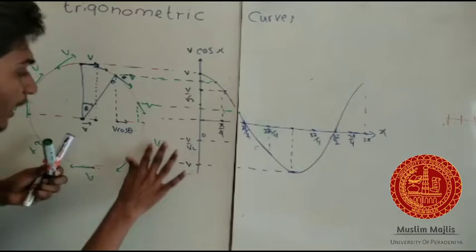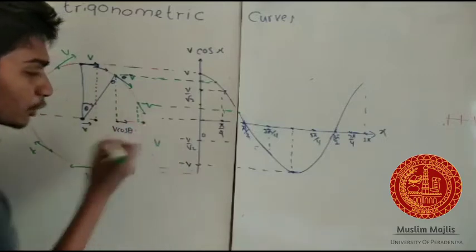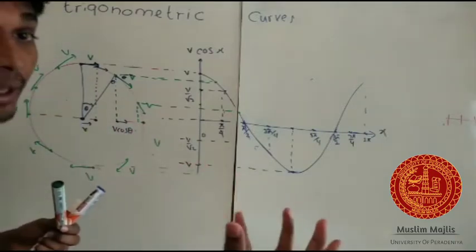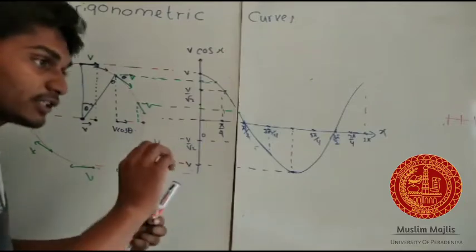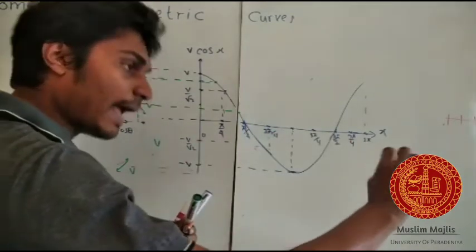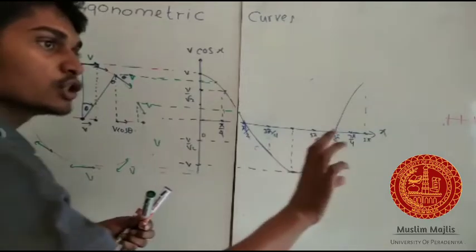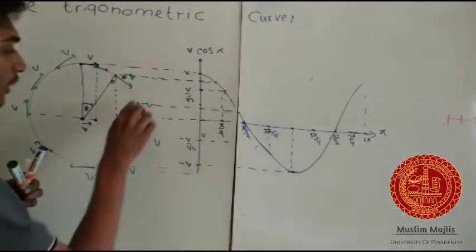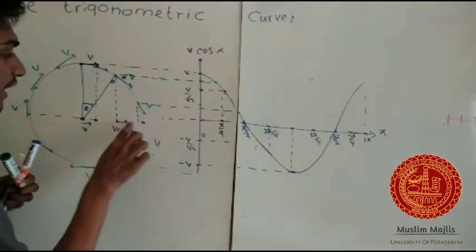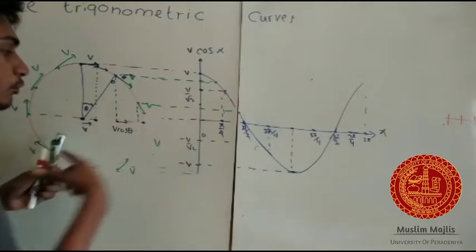When it is pi by 2, at this position, what happens in a simple harmonic motion? What happens actually is, the particle is going to go like that, stops, and then turns back and moves. Stops. The word stop is very important. From here to here it moves, stops, and then moves.